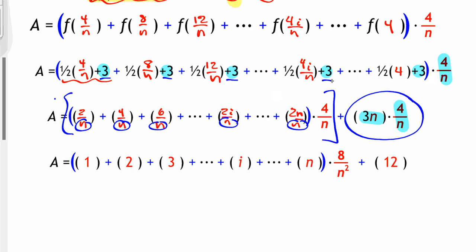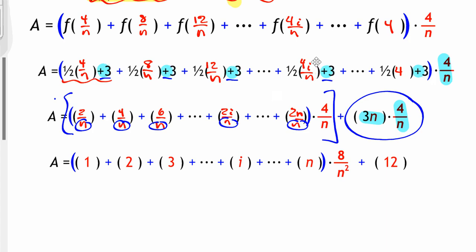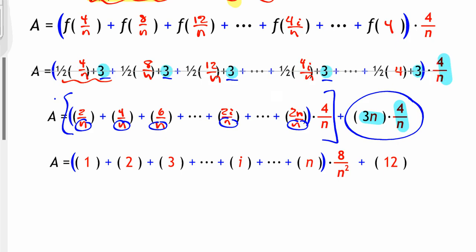Good question. What I'm doing is I'm saying I'm adding 3, 1, 2, 3, however, n times. So I have n 3's inside this bracket. So I'm just pulling the n 3's outside of the bracket. Good with this last line I have up there?